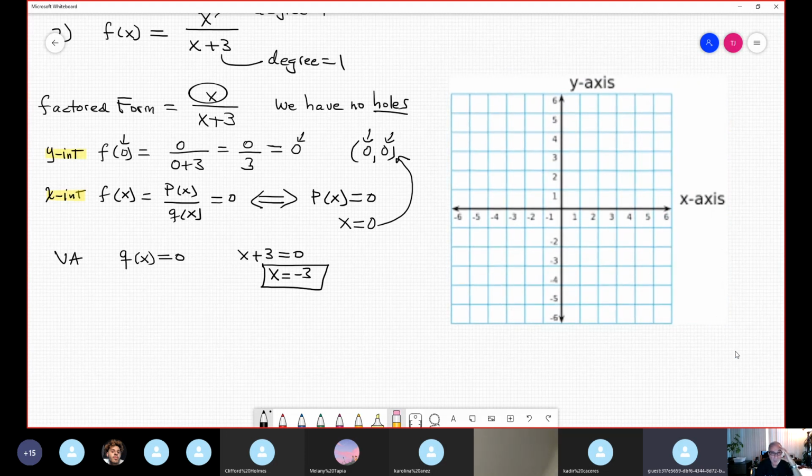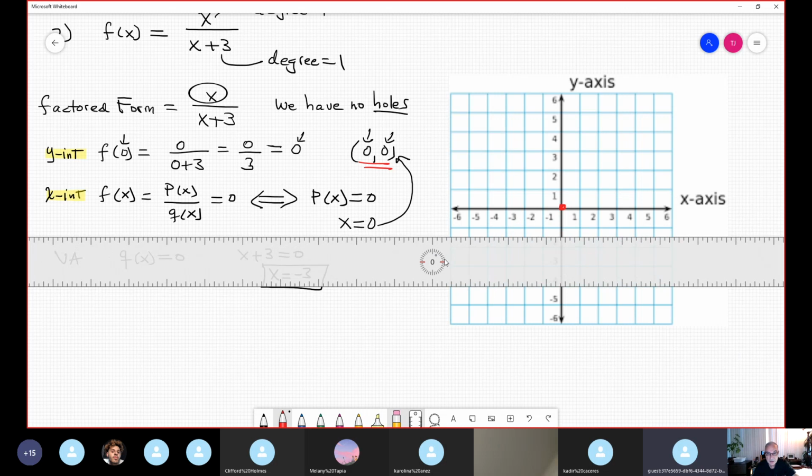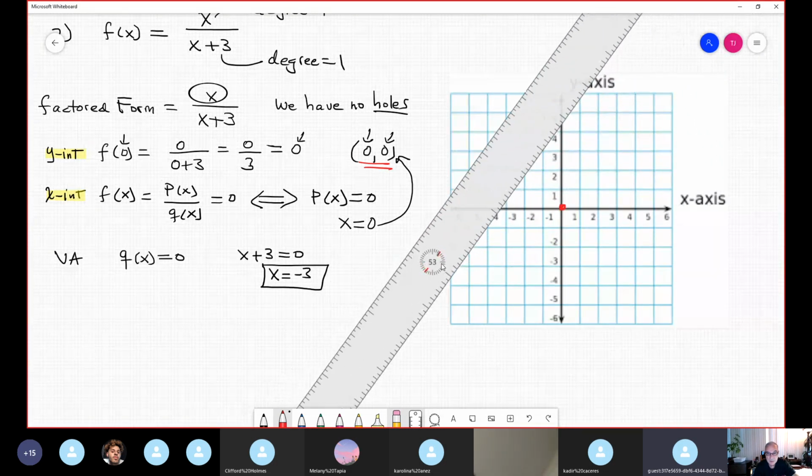Okay, so far the information that we have in my hand is we have 1 point, which is (0, 0). This is both the x and y intercept. And at -3, we have a vertical asymptote. Vertical, 90 degrees, totally vertical, passing through -3.